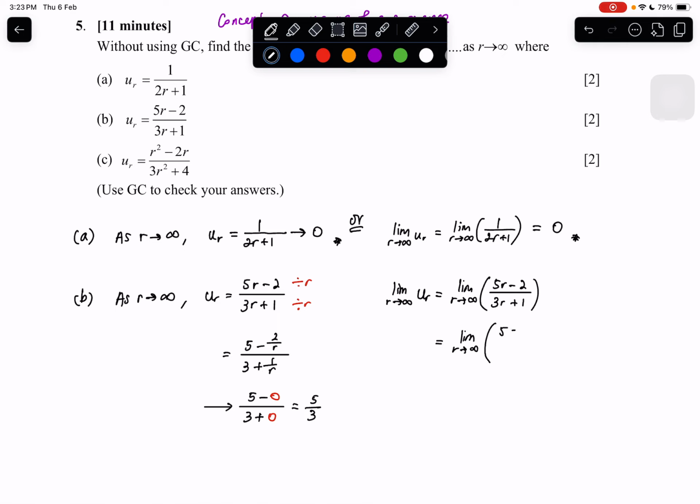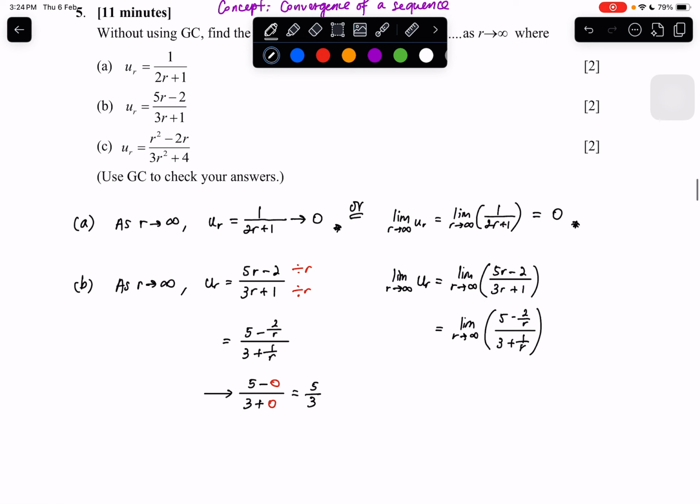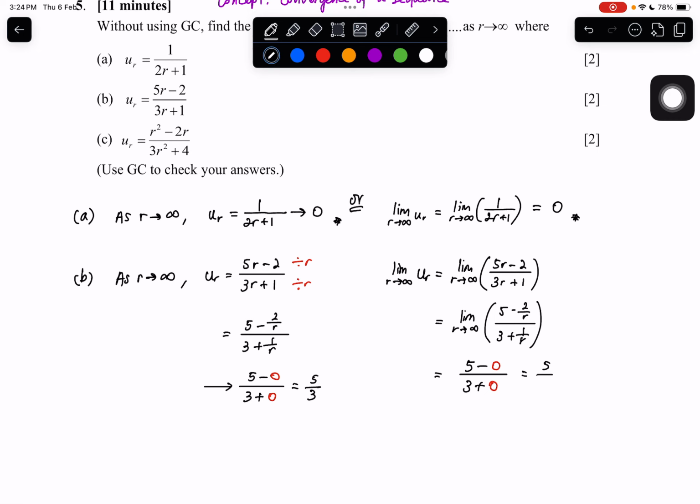So this will be 5 minus 2 over r divided by 3 plus 1 over r, which equals 5 minus 0 divided by 3 plus 0. Altogether this equals 5 over 3. So this is part B. Very easy.